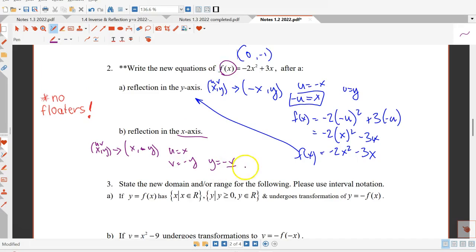And so it's negative f of x, which is v or y, equals negative 2x squared plus 3x. If I multiply both sides by negative, f of x equals a positive 2x squared and a minus 3x. And there's how we can do some of our transformations.